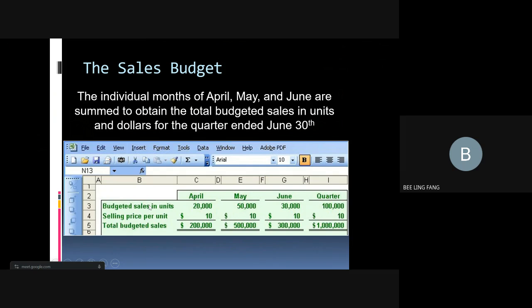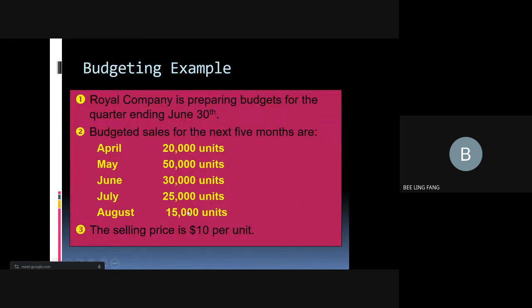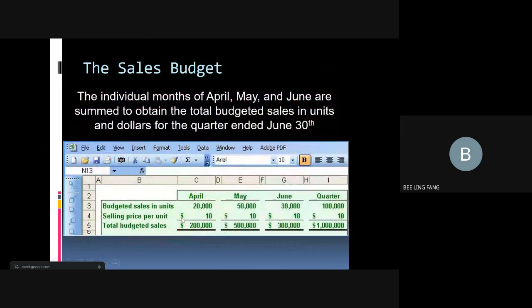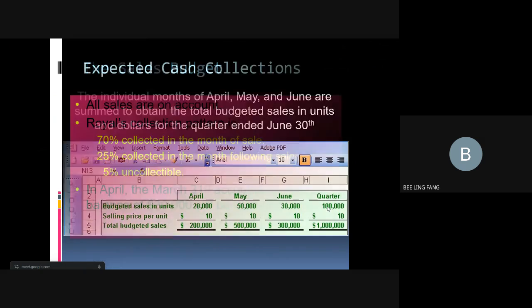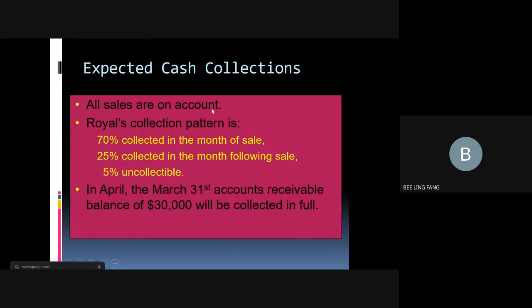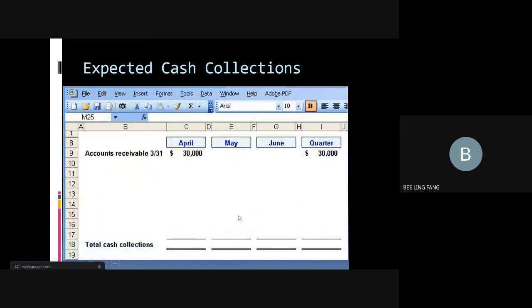Put all your information into the table here, right? Selling price, and then you calculate the total budget sales, just normal calculation. Expected cash collection: 70% collected in the month of sales, 25% collected the month following sales, 5% uncollectible. So we need to calculate, right?